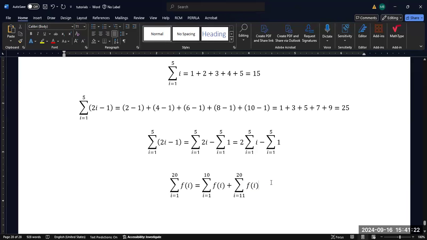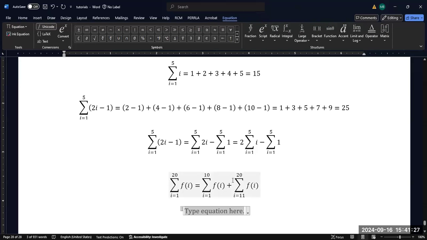Now, what that actually tells me is that if I want to start at someplace other than 1, I can move this piece to the other side of the equation, and I can get a subtraction relationship for missing terms.